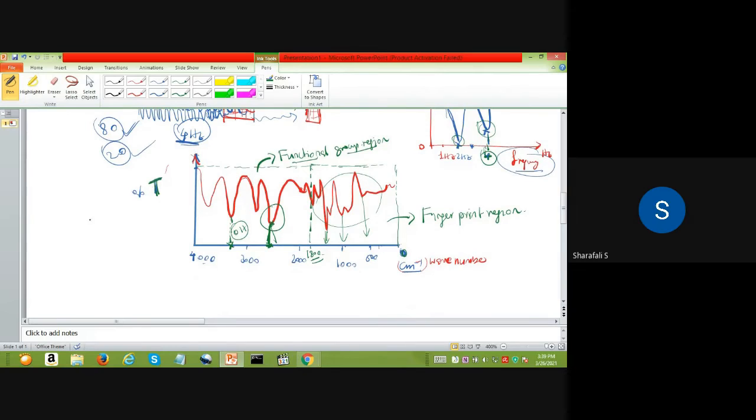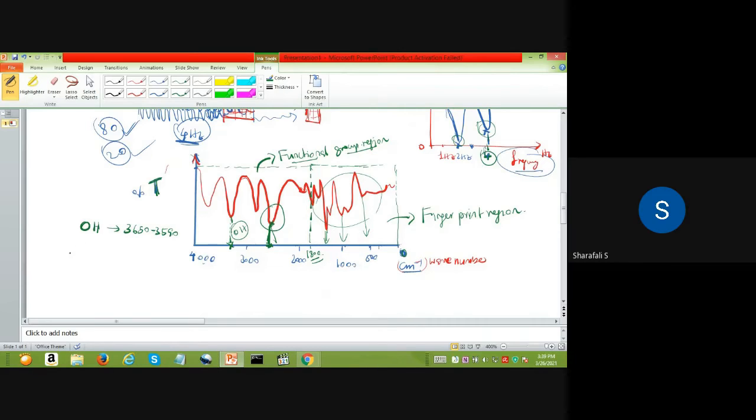the OH group. As I said, if OH group is present in your molecule, then you will get a peak in the range of 3650 to 3590 wave number centimeter inverse.